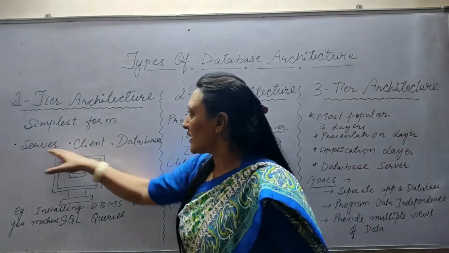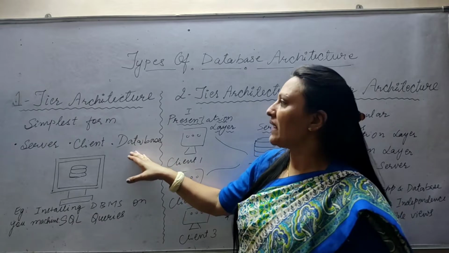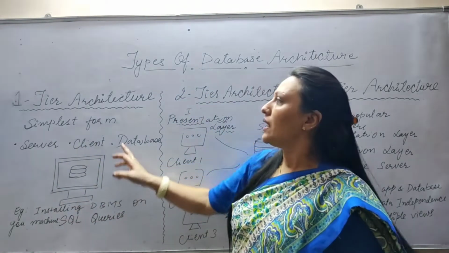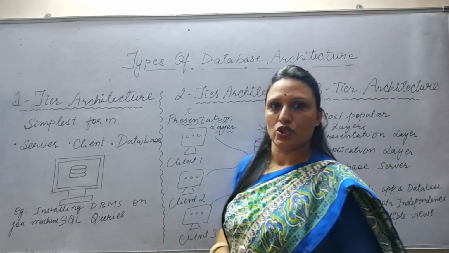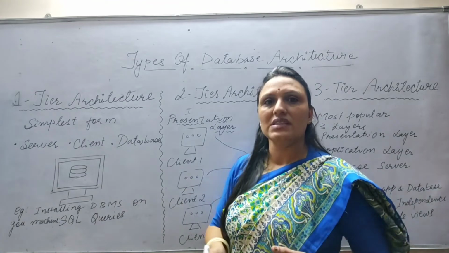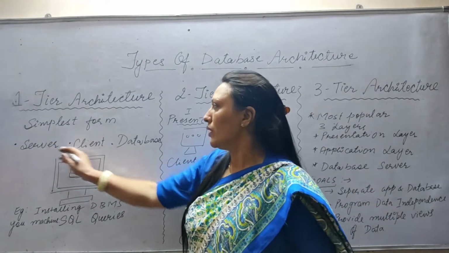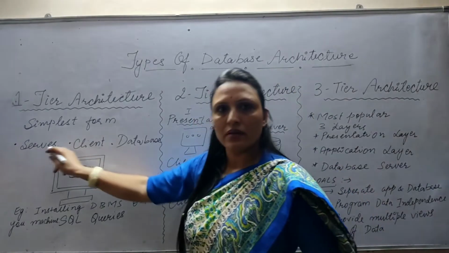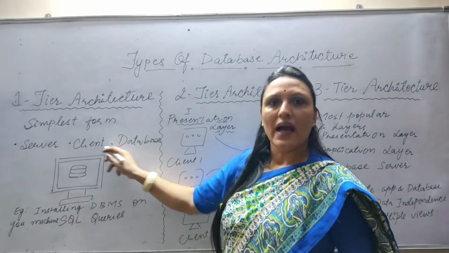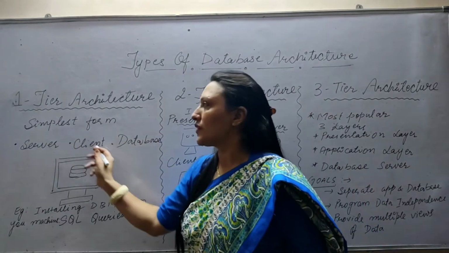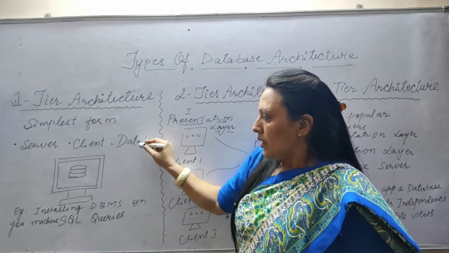All three components will be in a single system or a single entity in case of one tier architecture, the simplest form where everything is available at a single position: the server, the client and the database, the service provider, the service user and the storage or collection of data on which both of these will be working.